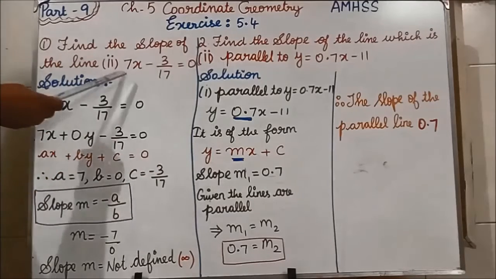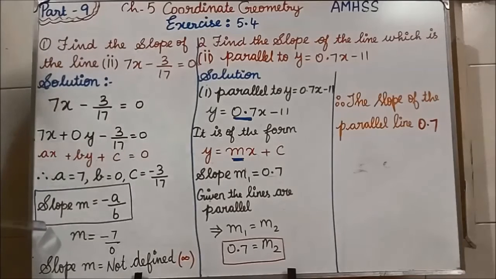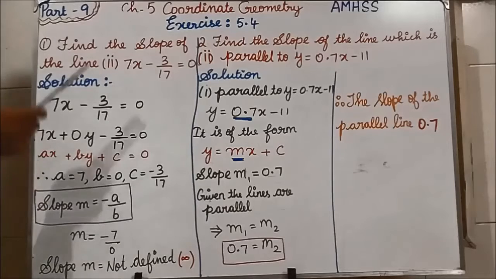Clear? When the equation is given and they ask us to find the slope, the formula is slope m equal to minus a by b. The other way is minus coefficient of x divided by coefficient of y. We can write in either of the two ways.